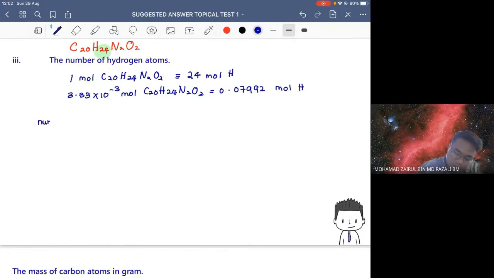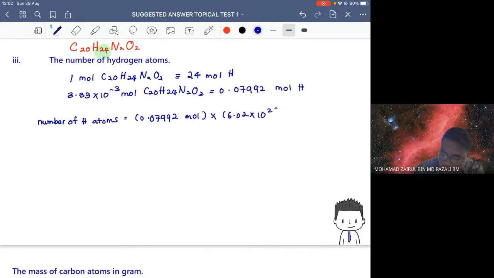So the number of hydrogen atoms, you multiply 0.07992 mole by 6.02 times 10 to the power of 23 atoms. Okay, so your answer is 4.81 times 10 to the power of 22. Okay, the unit is hydrogen atoms.